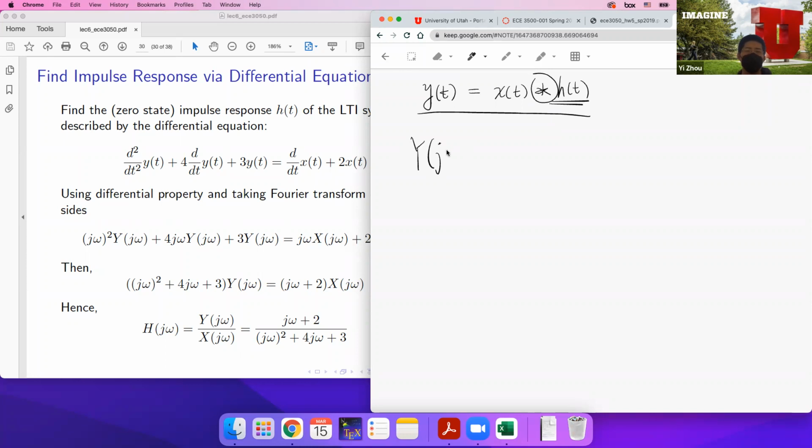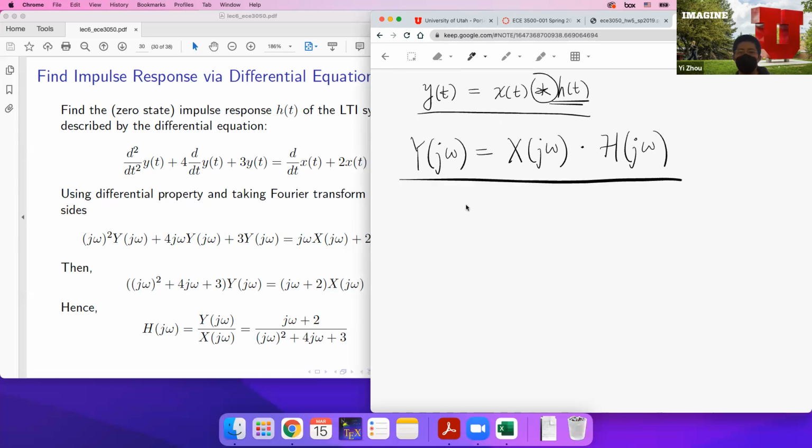If we take Fourier transforms, now everything is in the frequency domain, and the signals become the corresponding spectra. And here we have multiplication instead of convolution. Which means that from this equation, we can already solve for the impulse response.